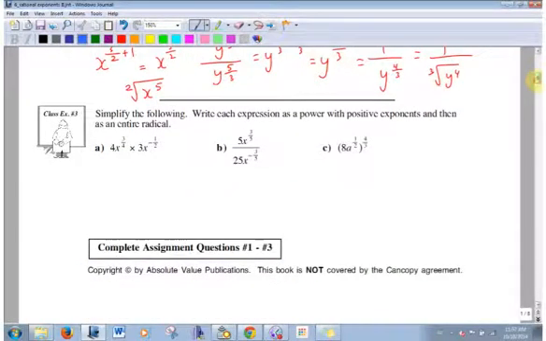Okay, a little bit bigger, a little bit uglier, exactly the same exponent rules. Okay? So split this thing up in your head. Don't look at it all at once. Break it up into little parts. Let me ask you, is that the same as this?